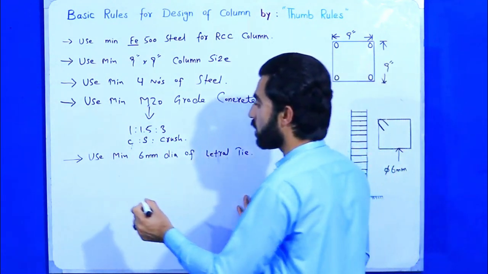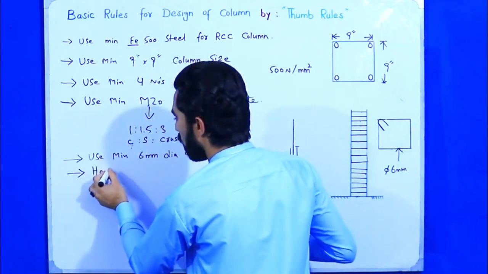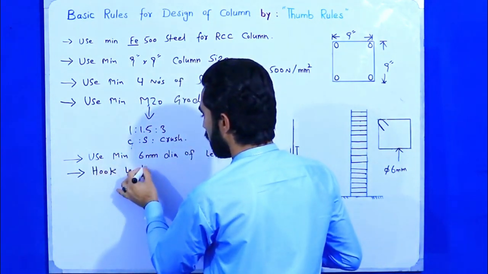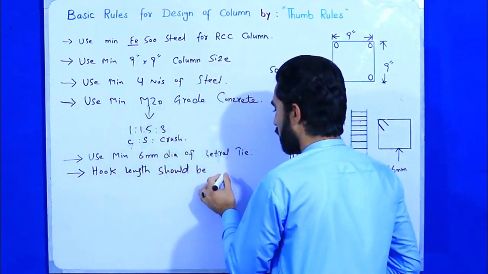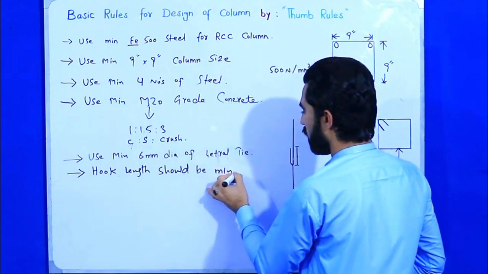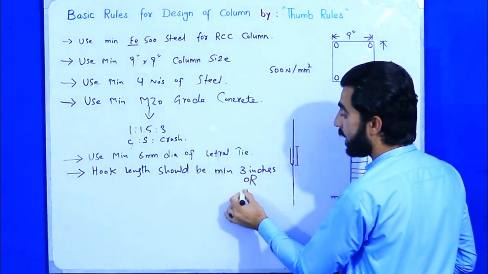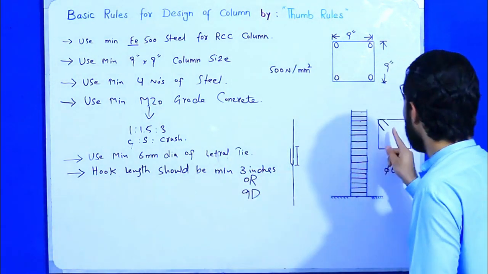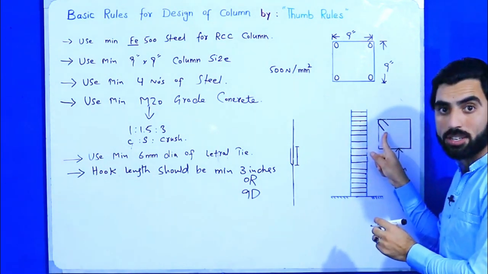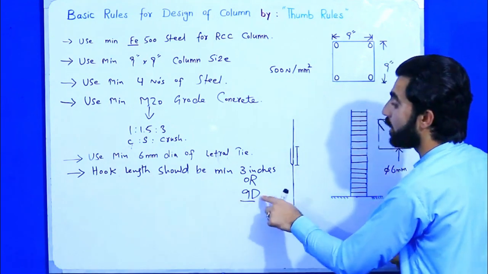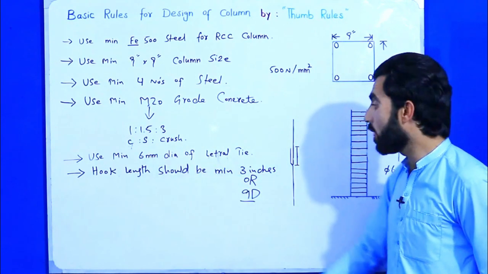And guys, come to its hooks. The hook's length should be minimum 3 inches or 9D. So keep minimum 3 inches of hooks in lateral ties, or you can use this formula 9D, where D is dia of lateral tie, which is 6 mm, right?